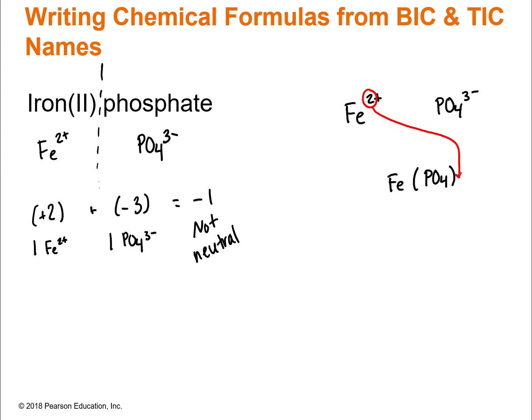We'll take the 2 from the charge of the cation, and that is our subscript for the phosphate, which is the anion. We'll take the charge from the phosphate ion and drop it down for our subscript for the cation, the iron.